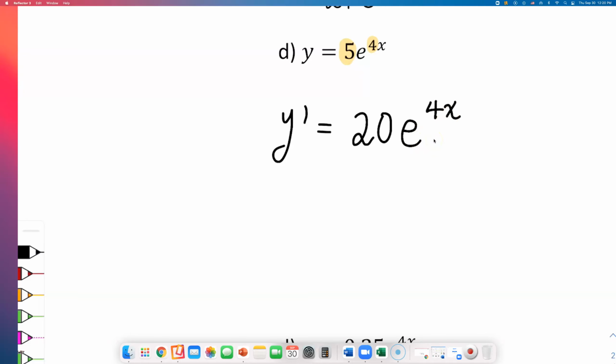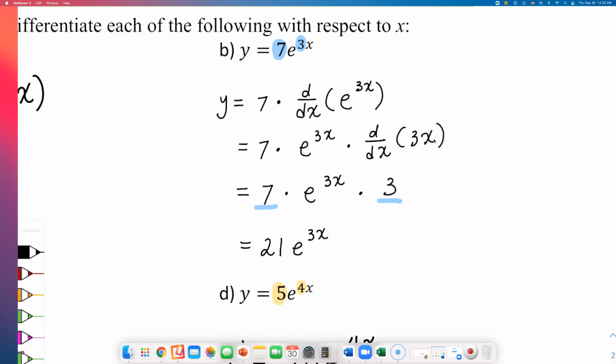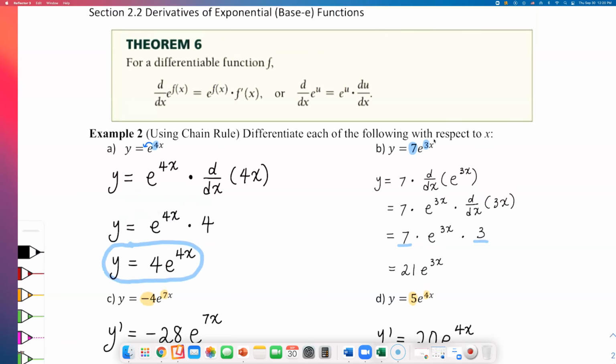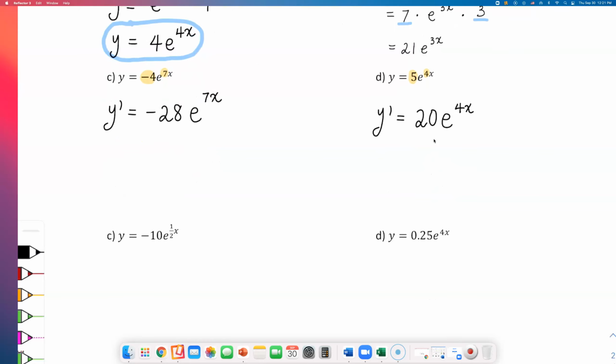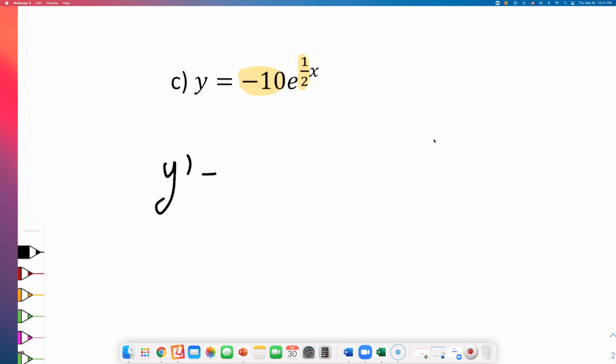And if you're wondering why that is true, take a look at part B, what we did. It's very similar to that. Even if the exponent is just a monomial, like a linear term, this method will work. All right, last two. I have to multiply -10 times +1/2, so y prime is -5 e to the 1/2 x.